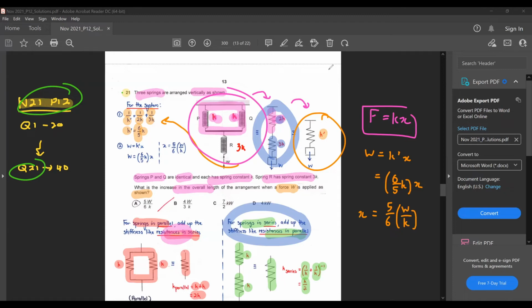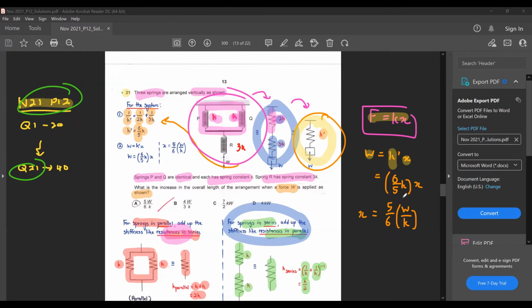Because the question wants you to find the increase in overall length of the arrangement. They're asking you for the extension, in other words. So you apply F equals Kx for this situation. The force is W, the spring stiffness is K prime, and X is your new extension.